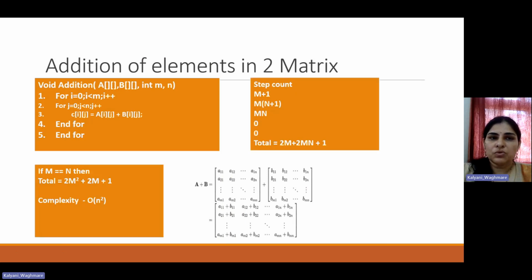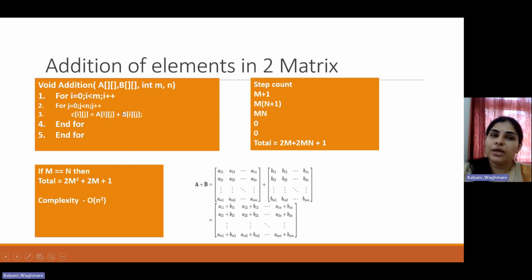When we want to perform addition of matrices, suppose we have two matrices passed having m number of rows and n number of columns, then for every ith row and jth column it is going to iterate and read every value from both the matrices, perform addition of that, and store it at the ith row and jth column.